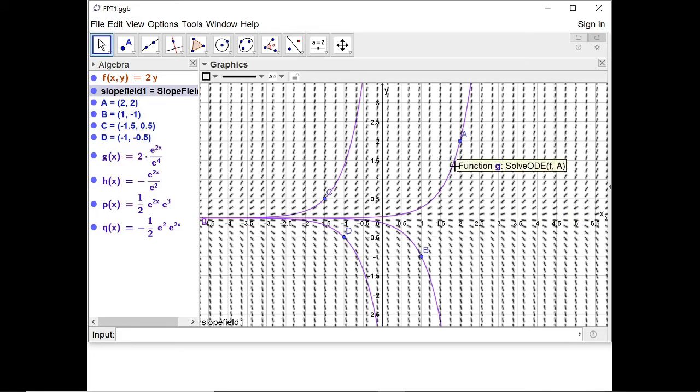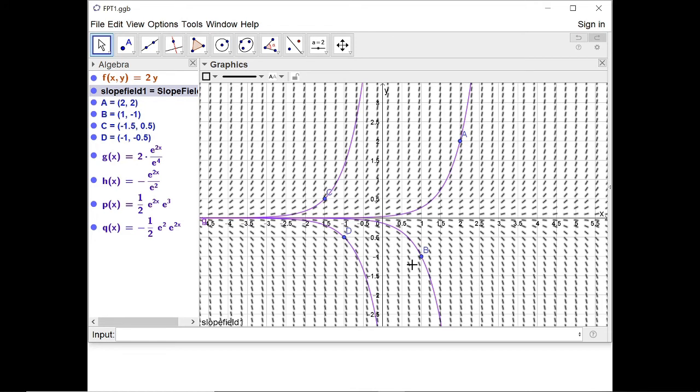So for example, I can see that all of them are starting to tend down towards the line y equals 0 as x tends to negative infinity, and I can see that they're all starting to get steeper as we go away from the axis. And if I look at the algebra window, I can see why. All of them are of the form y equals some constant times e to the 2x.